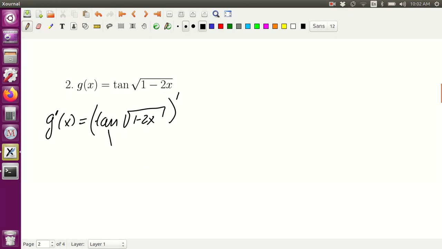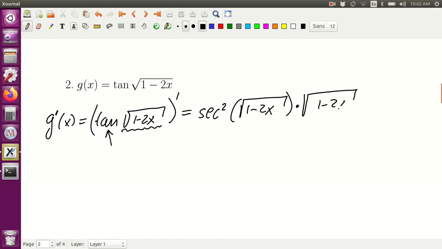So we take the tangent at the last moment, so this is the outside function, and this is the inside function for the chain rule. The chain rule says take the derivative of the outside function first, and the derivative of tangent is secant squared. So we'll have secant squared of the square root of 1 minus 2x times the derivative of the square root of 1 minus 2x.